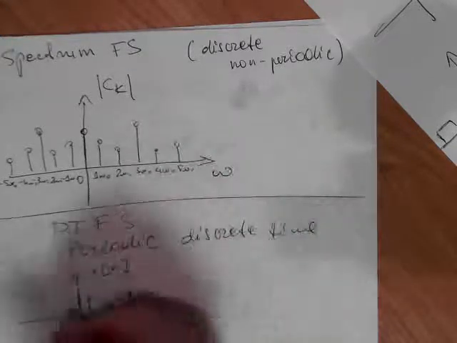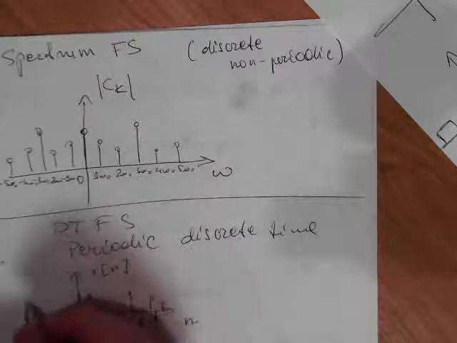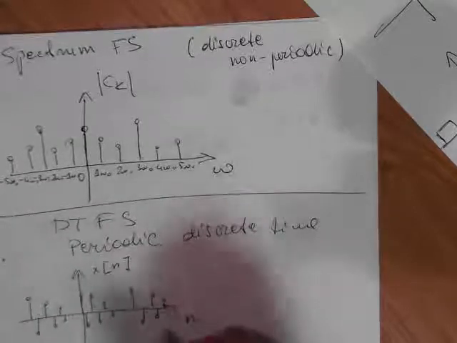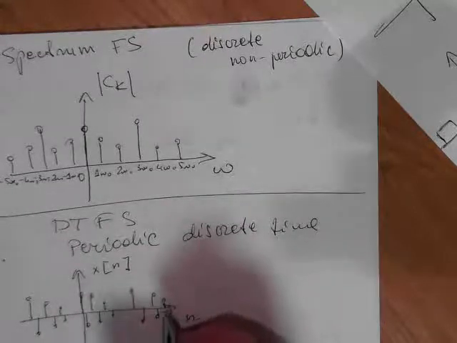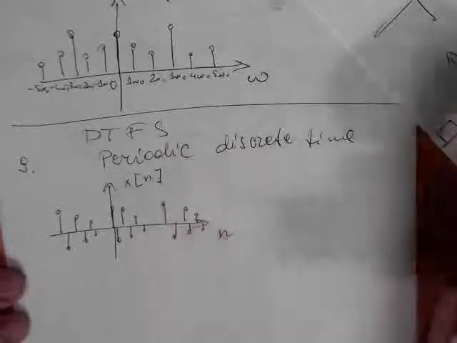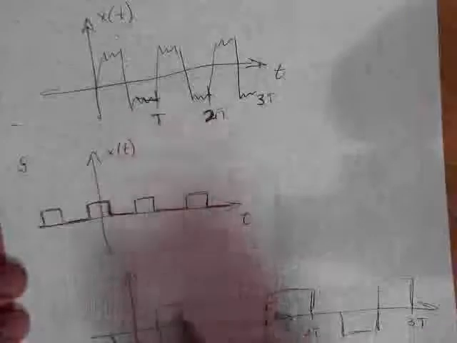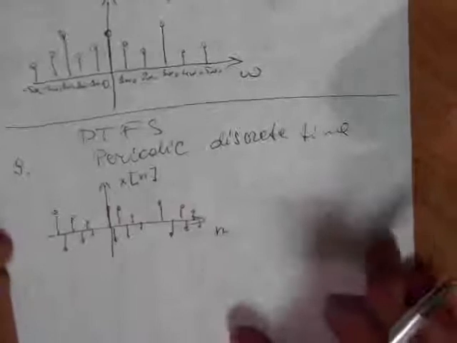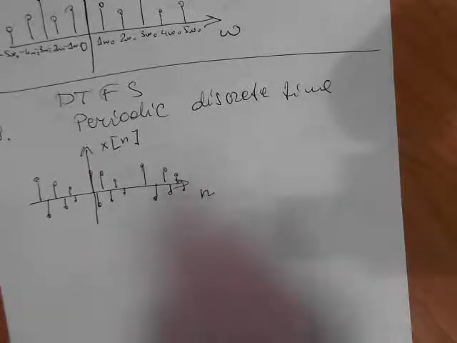It should be a repeating signal, so I might not draw it exactly as it should be. So this is the discrete representation of that signal. Other signals like this may also have their discrete representations.